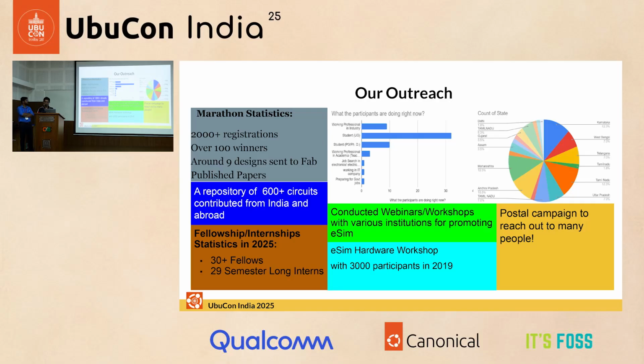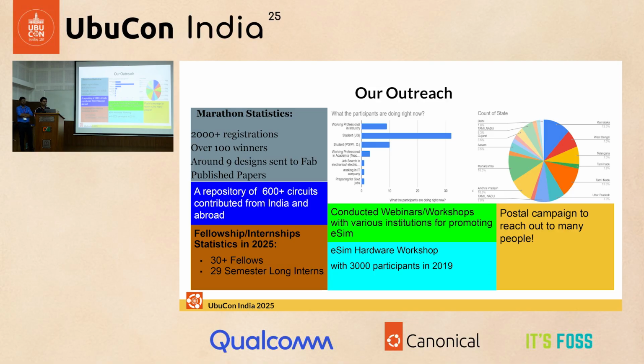This is a quick statistics of what we have done and our outreach. We conducted a workshop in 2019 with around 3,000 participants. Then we had a marathon. Recently, one more marathon was held with IHP Germany in the fabrication space, which had 2,000 plus registrations and 40 plus completed surveys. We are trying to see how this can go up to the space of fabrication.